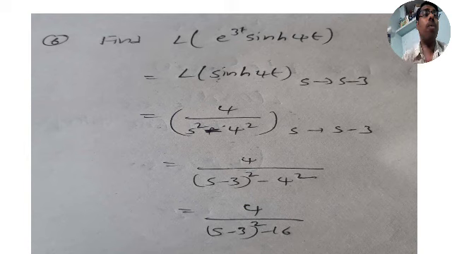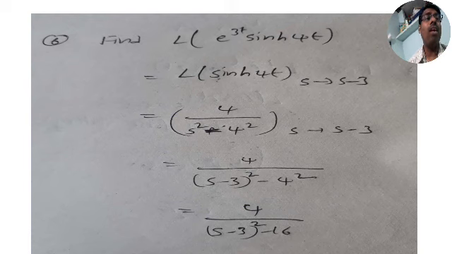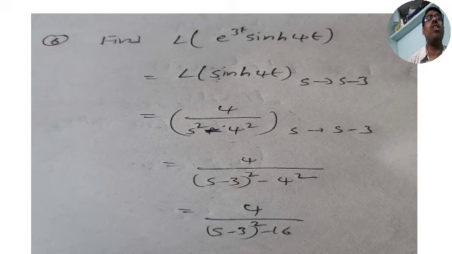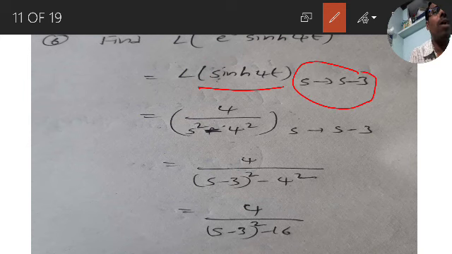You see it is a product of two functions and one of them is exponential. So straightforwardly you have to apply the first shifting theorem, and e power at means s replaced by s minus a. Now for L of e power 3t, s is replaced by s minus 3. So this is L of sinh 4t with s replaced by s minus 3.